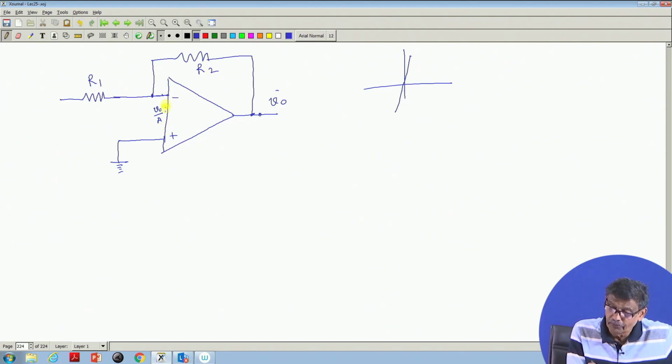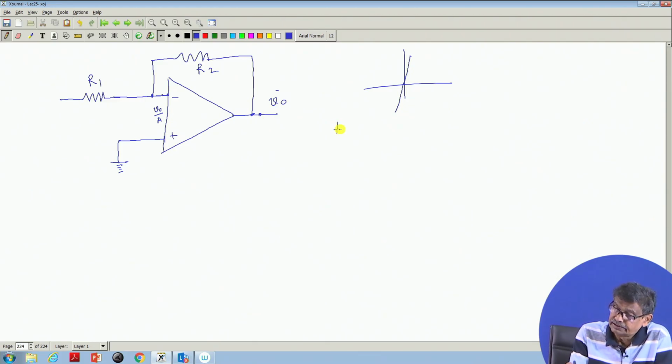So, between these two points, whatever the voltage is, that gets amplified. So, this op amp will now operate in the linear zone with very high gain. So, if you get some finite output voltage, the input voltage required between these two points will be V naught by A, and A is very large. So, a little voltage here will cause a finite output voltage to appear in this circuit.